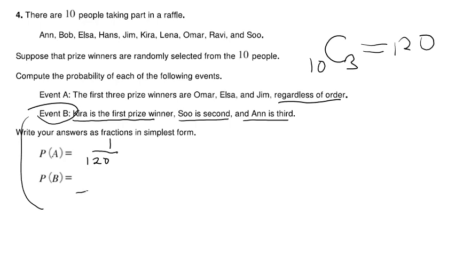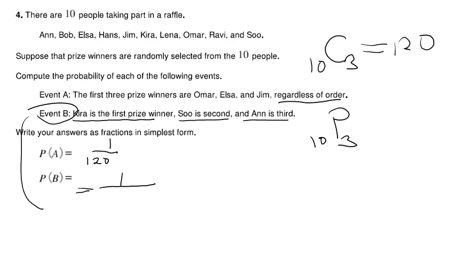So once again, the numerator is just 1. But here in event B, we are making the assumption that there are differences in the prizes. So this is no longer a combination, but a permutation of 10 pick 3. That's what the denominator is going to be in this scenario.